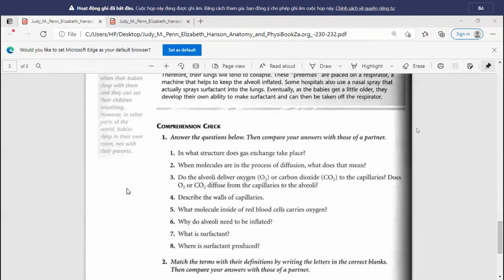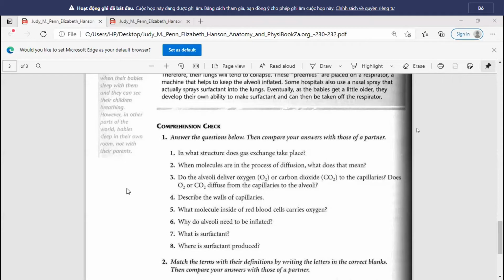Number 4, you are asked to describe the walls of capillaries, so keywords should be walls and capillaries. Number 5, what molecule inside the red blood cells carries oxygen? Keywords are molecule, inside red blood cells, oxygen.